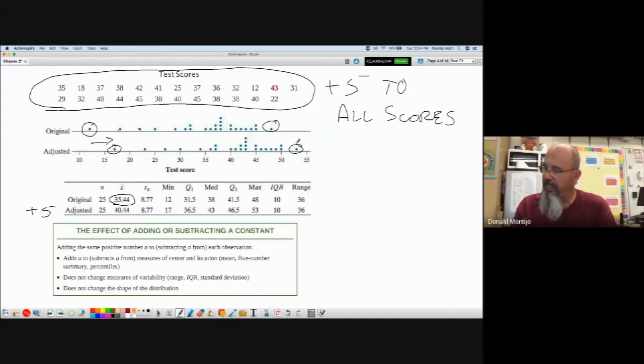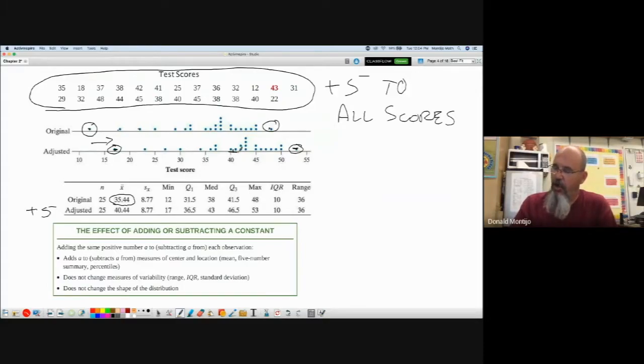As you can see, the distance from this point to this point is the same as the distance from here to here. And we can see that in the range. And if we look at the mean of 40.44, the data points are the same distance away from that 40.44 in the bottom graph as they are away from the 35.44 in the top graph. It has not changed our spread at all.